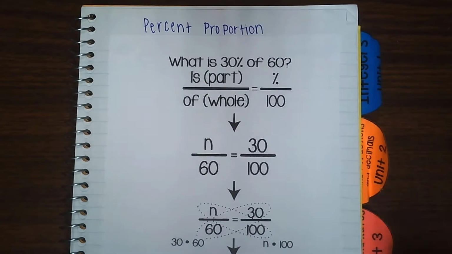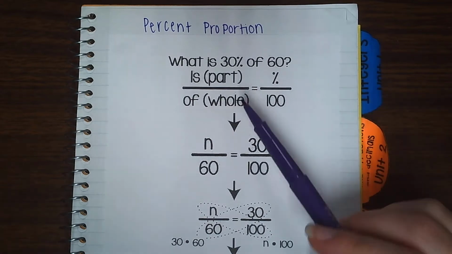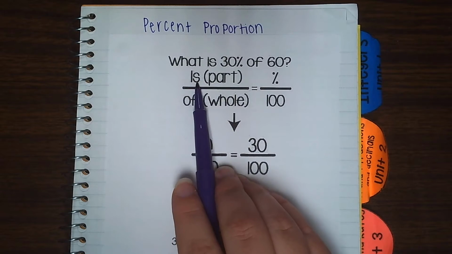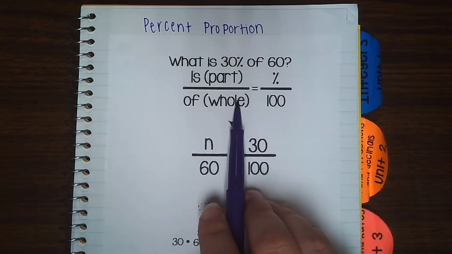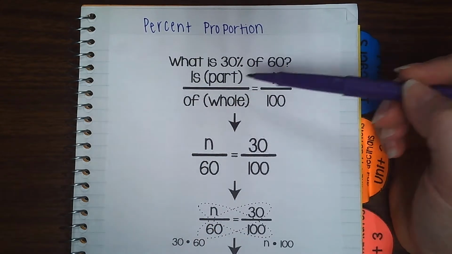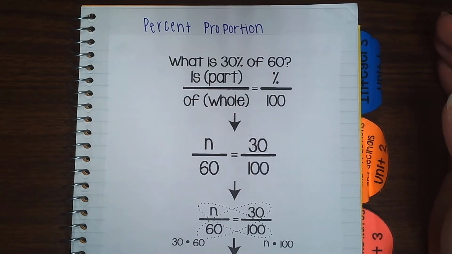Okay, so this is just an example problem, and it goes through and very detailed shows us what we are doing. So the first thing we want to do is, you see it's is or part over of or whole equals percent over 100. The part and the whole will refer to whenever we're doing word problems.